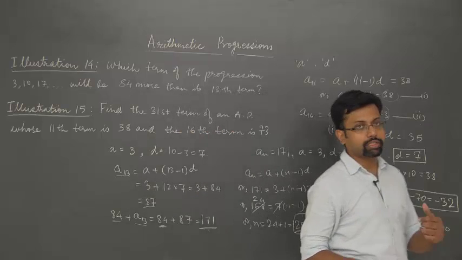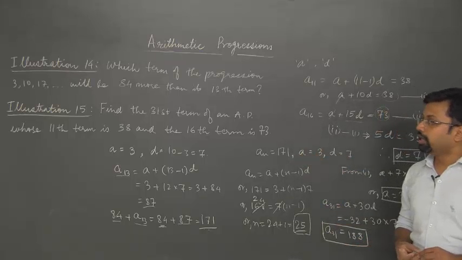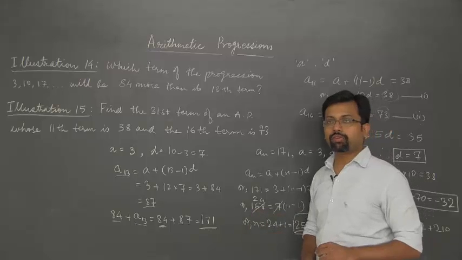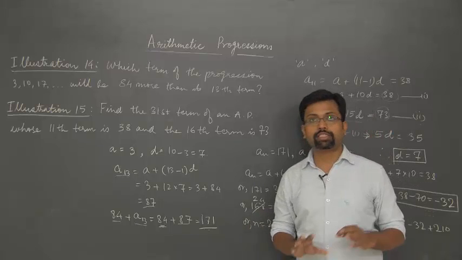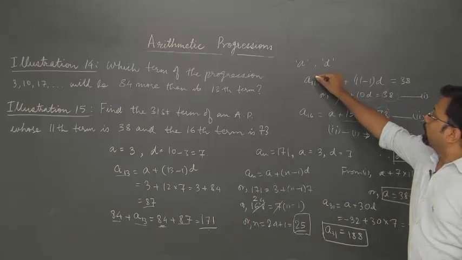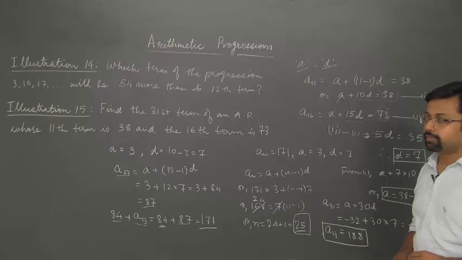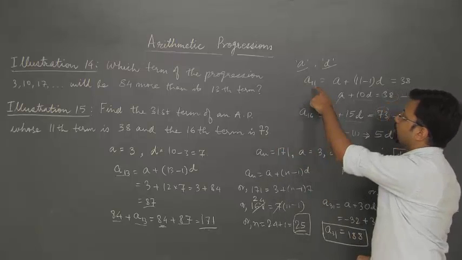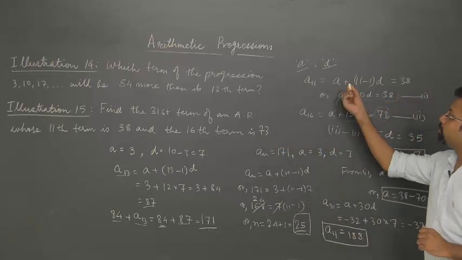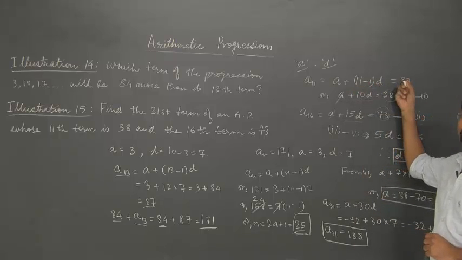Let's relook at it. We have to find the 31st term of an AP given that the 11th term of the given AP is 38 and the 16th term is 73. Now, we assume the first term to be A and the common difference to be D. So the 11th term can be written as A11 and it will be equal to A plus 11 minus 1 into D, and it is given to be equal to 38.